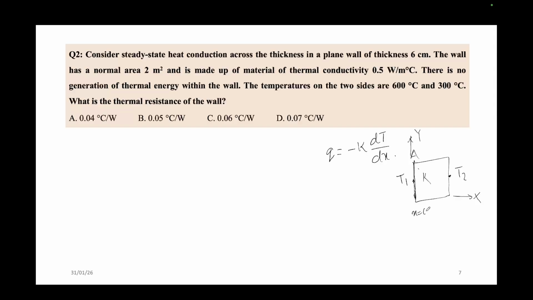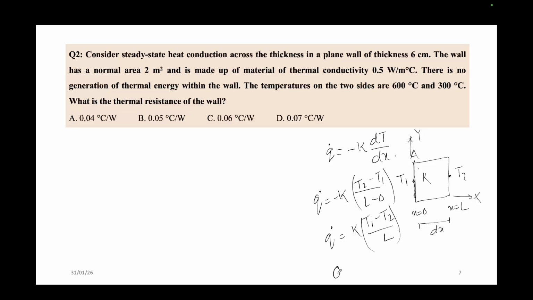This point is x equal to 0 and this is x equal to L. So here I can write heat flux q equals minus k times the change in temperature. Final temperature is T2, so T2 minus T1, and in place of dx, the change in distance, this is L minus 0. So ultimately, if I take the minus inside, this is k times T1 minus T2 by L, right?